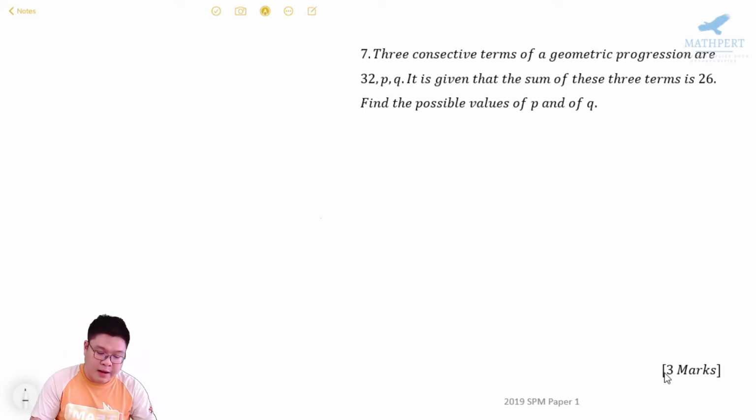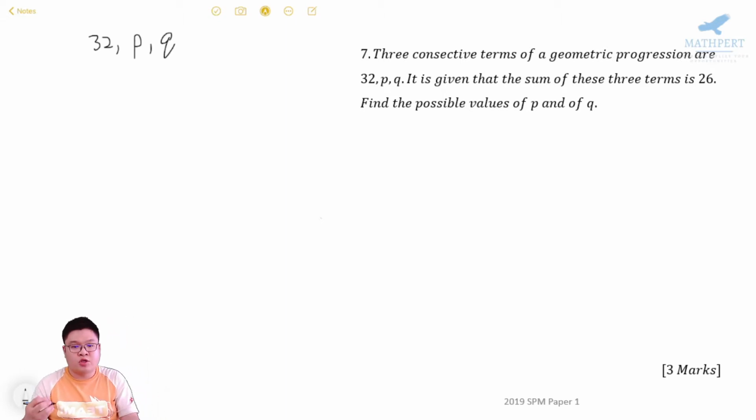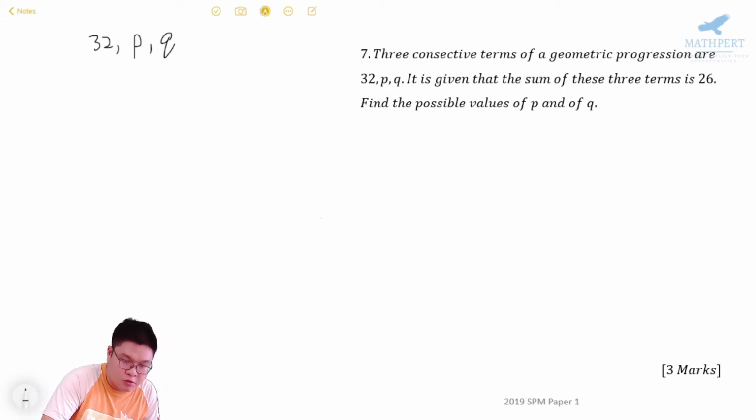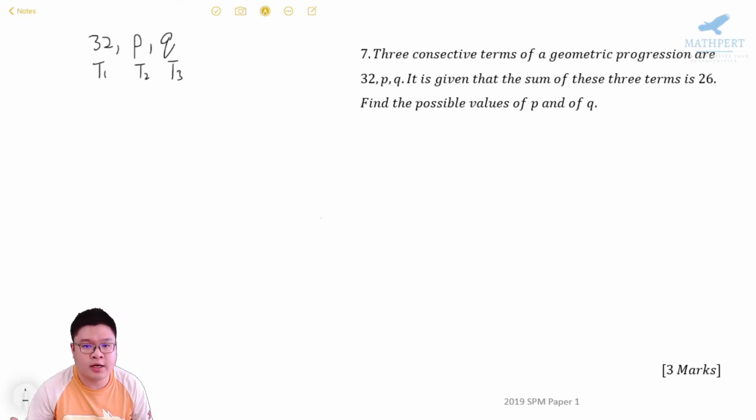So, given by the question, these three terms 32, P, and Q are three consecutive terms of a geometric progression. So let's say we name them T1, T2, T3. It doesn't matter whether it is the first term, second term, third term, we just give it a name. In a geometric progression, the common ratio between two terms is always the same.